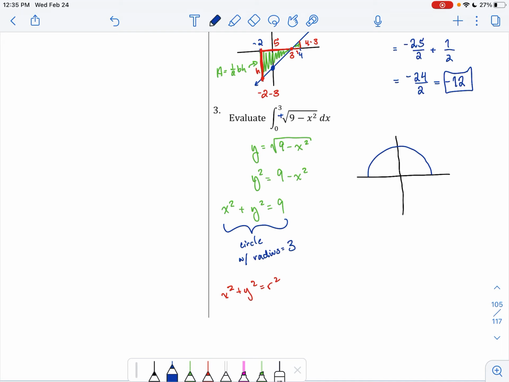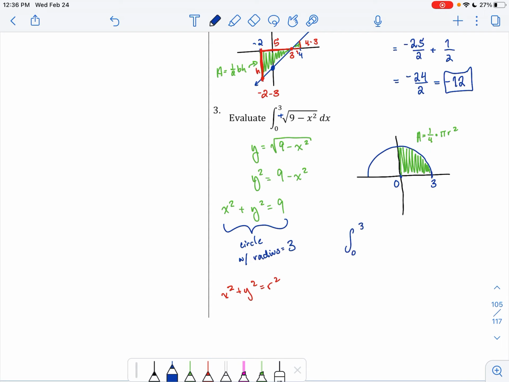And we're going from 0, which is here, to 3, since the radius is 3. That's just lovely. So the area is this right here. What we're looking at is a positive quarter of a circle. So this is a quarter, so 1/4 times pi r squared.